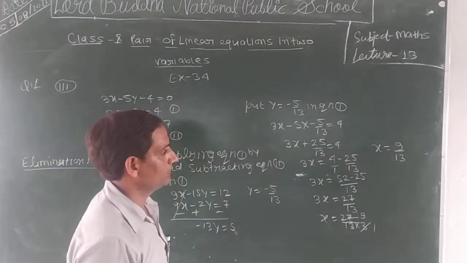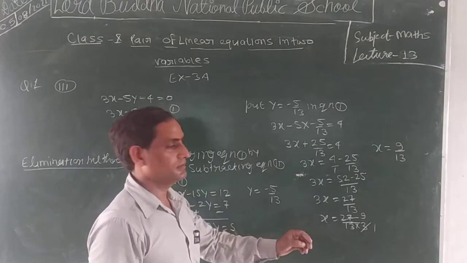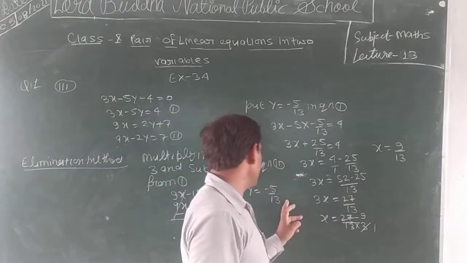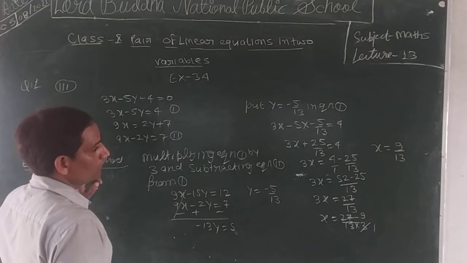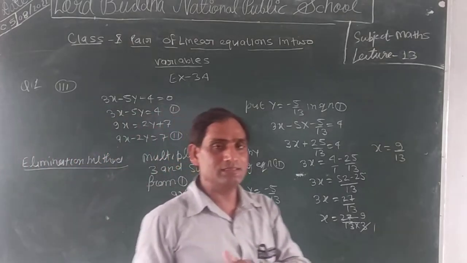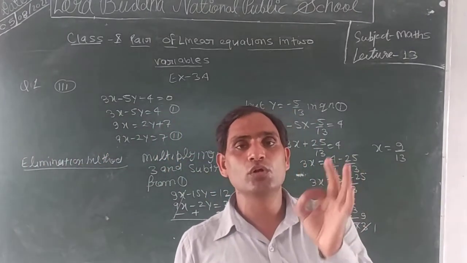To check whether your answer is correct or not, put the value of x and y in any one of the equations, either 1 or 2. If the right hand side and left hand side are equal, then your answer is correct.